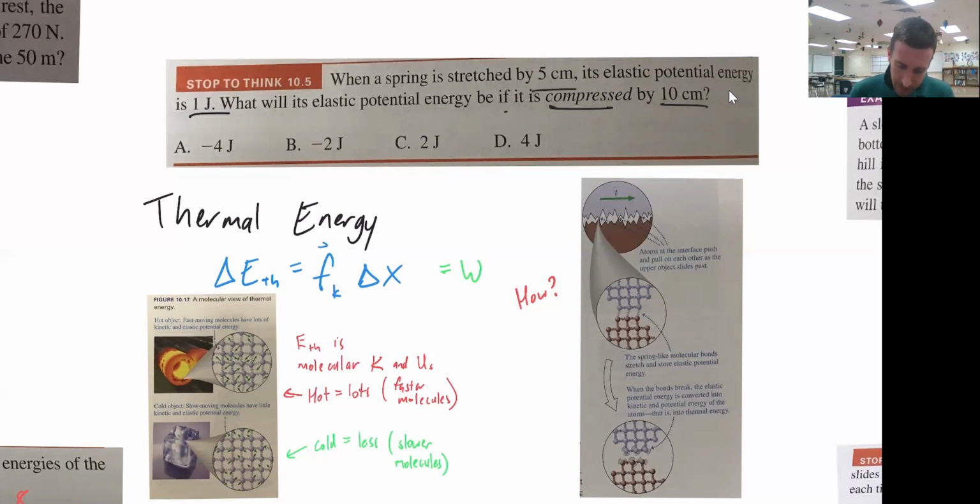So 5 centimeters versus 10 centimeters. And at 5, it was 1 joule. So I'm going to use U sub s is 1/2 kx squared. The k is going to stay the same, right? That's constant. Half is a constant.